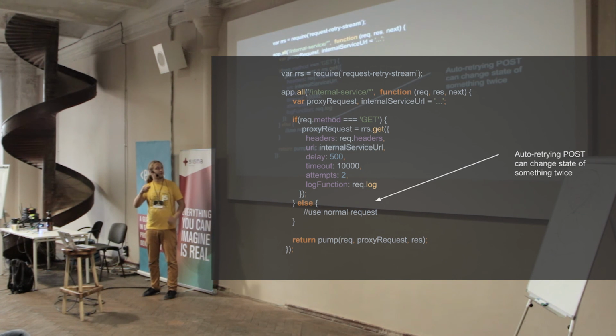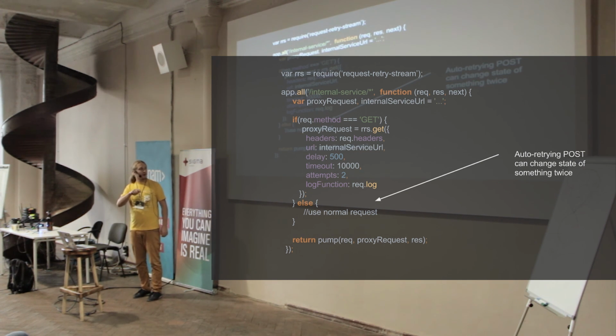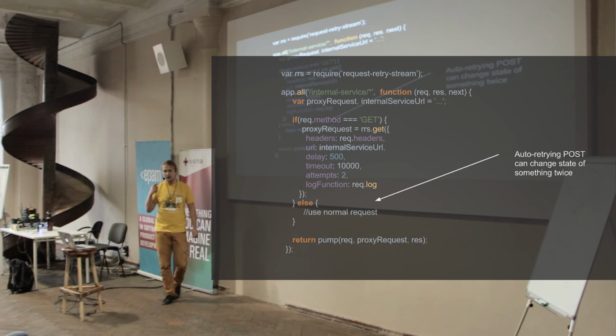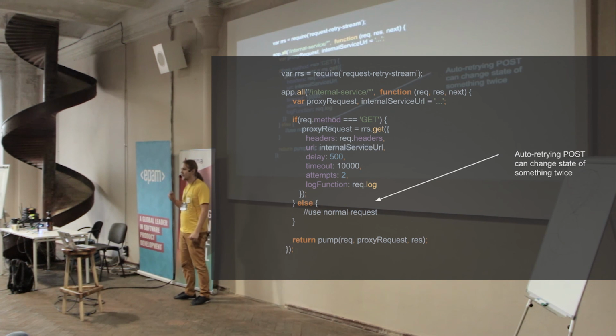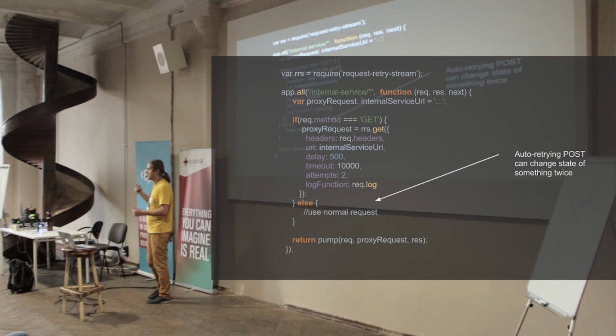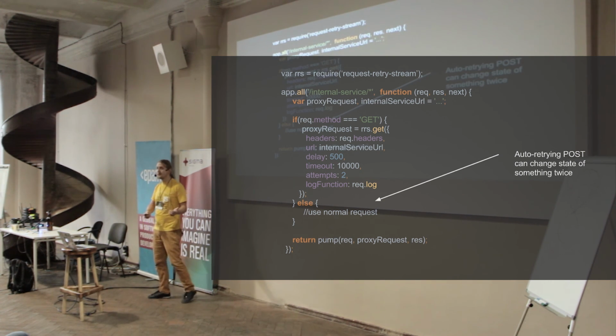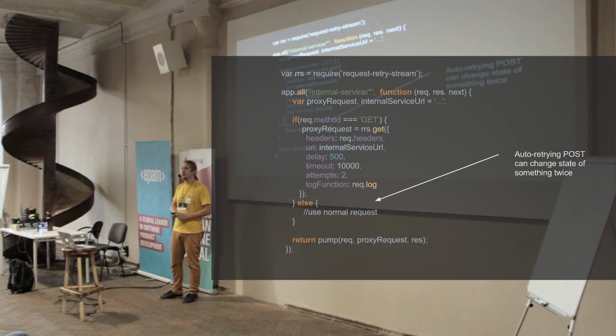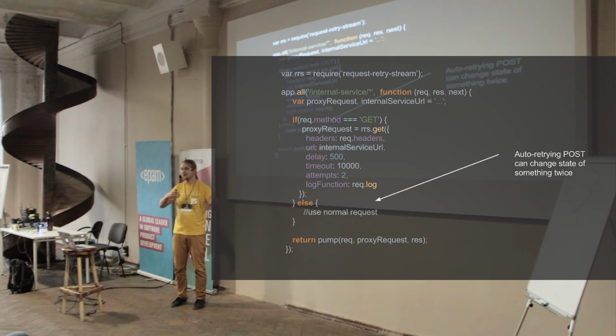In the case of GET, it's good to use this request retry stream and try to get this data. Why should you use normal request if your method is not GET? When you're doing a POST or PUT request, you can change the state of your documents, right? Inside these retries, requests can actually still continue for some time.